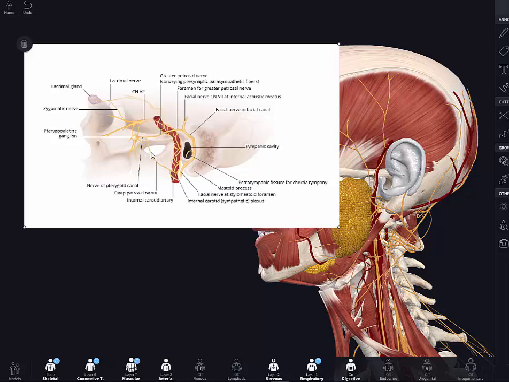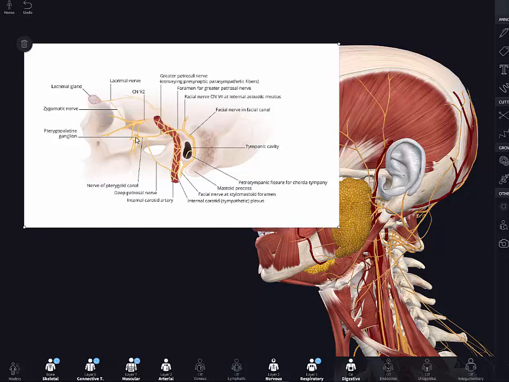So the deep petrosal nerve and greater petrosal nerve will merge and form a nerve called the Vidian nerve, also known as the nerve of the pterygoid canal. This is important because this nerve of the pterygoid canal will then go to the pterygopalatine ganglion.